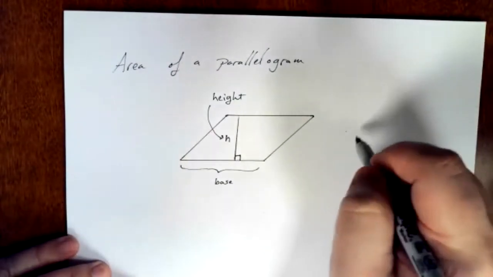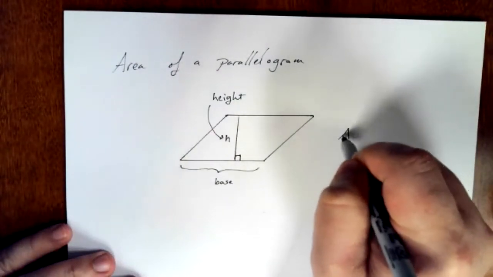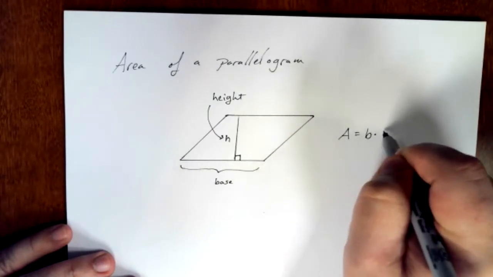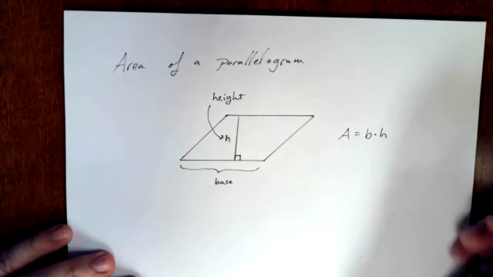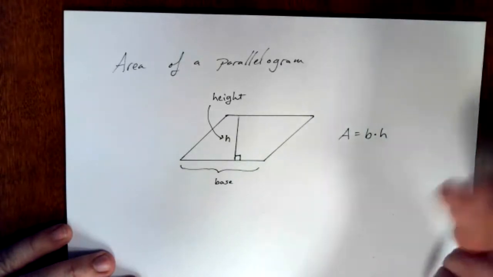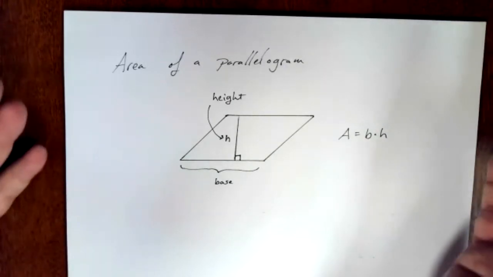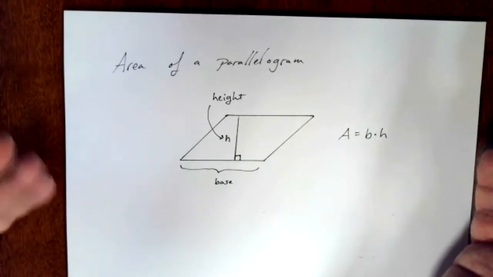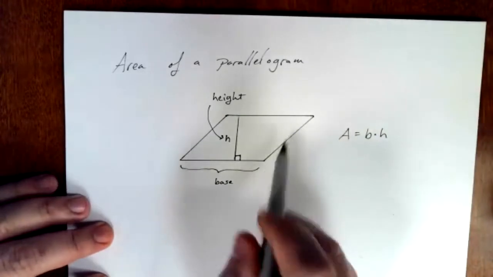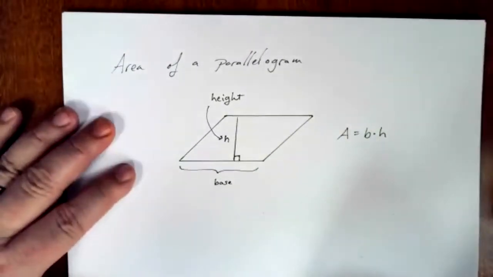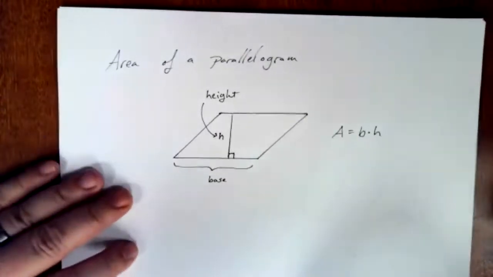So the formula for the area of a parallelogram is the base times the height. That's it. It's a lot like length times width. In fact, it's exactly the same as length times width. Because, first of all, everyone copy this down because I want to use another piece of paper really quickly.